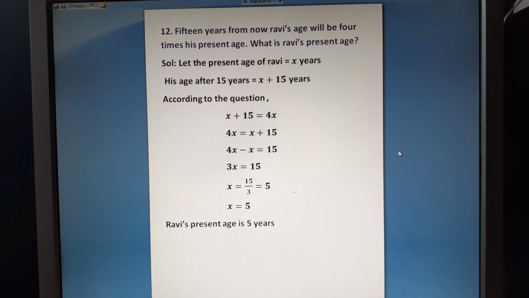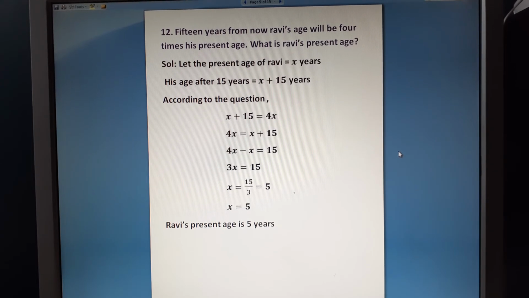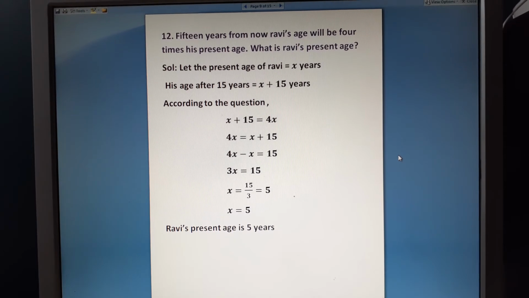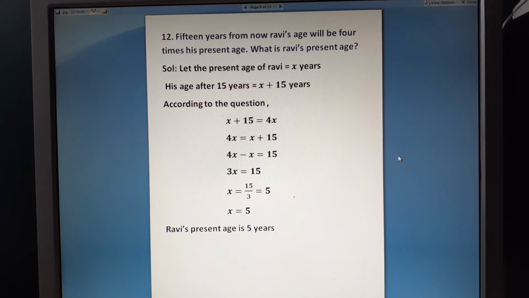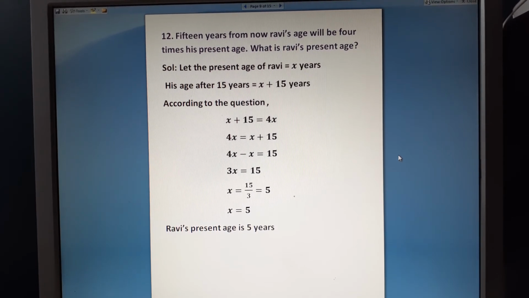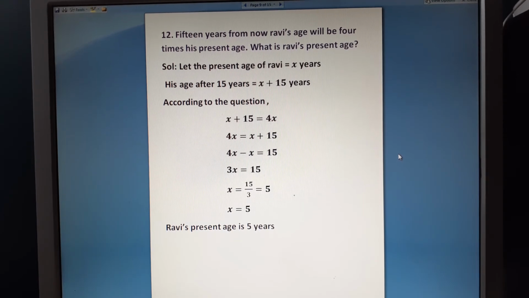12th problem. 15 years from now, Ravi's age will be 4 times his present age. What is Ravi's present age? Now we have to find out Ravi's present age. Solution. Let the present age of Ravi be x years. His age after 15 years is equal to x plus 15 years.